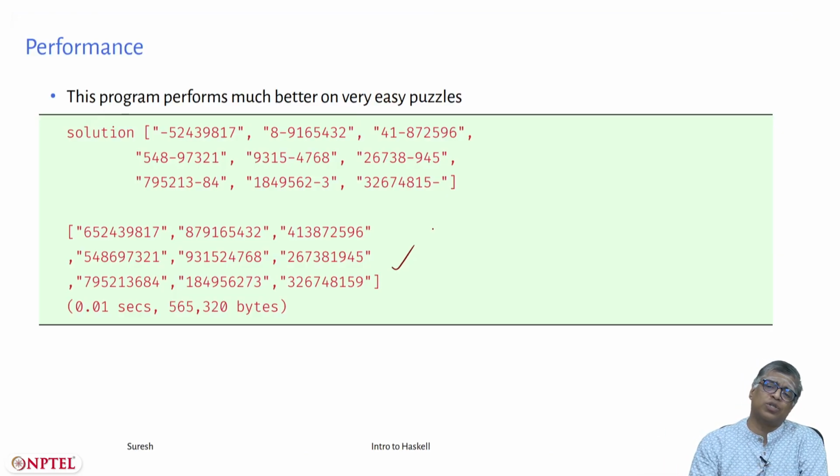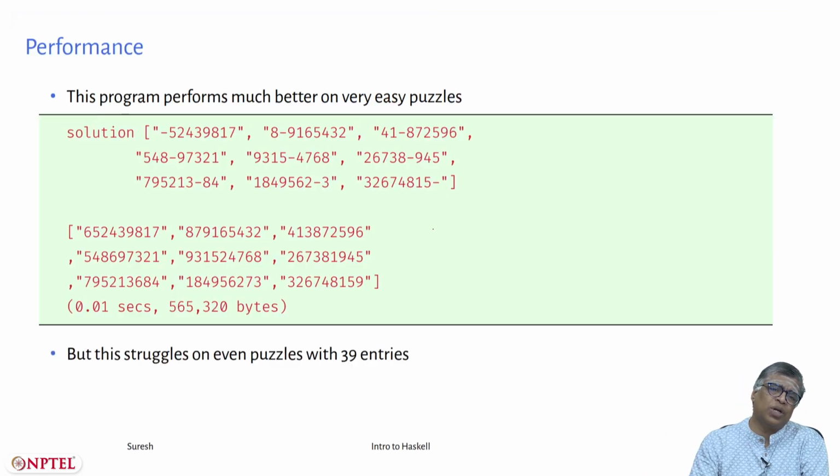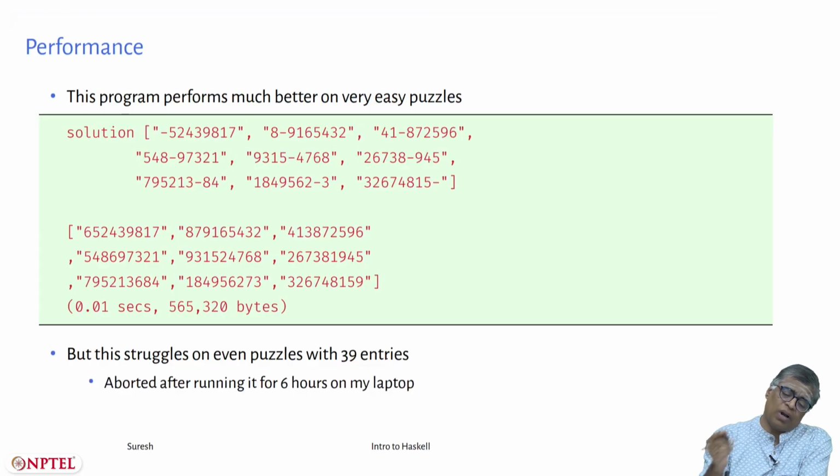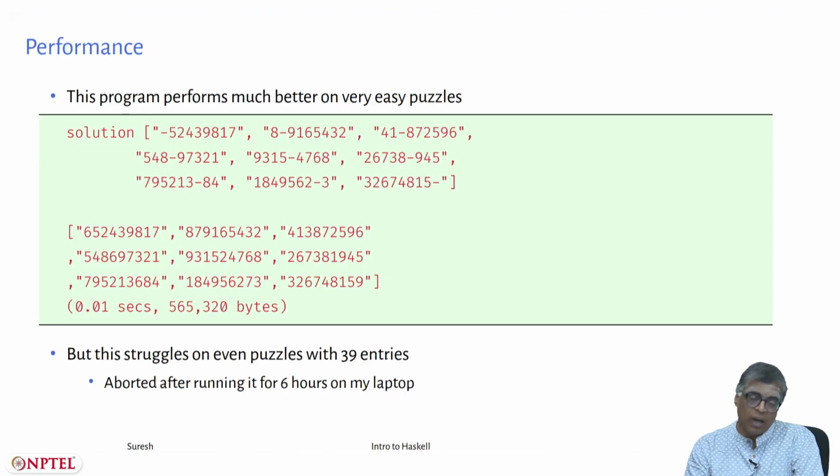Okay, so far so good for the first two solutions, but even this solution is not great on even puzzles with 39 entries. Okay. So long ago I ran it for 6 hours and nothing came. So I aborted the task. Maybe you can take a supercomputer and run it, but it's a pointless thing because you should solve this problem using better algorithms. Okay. And this tells you that pruning is not enough.